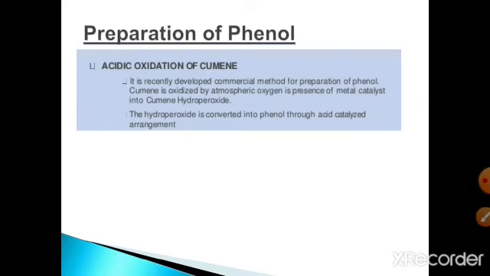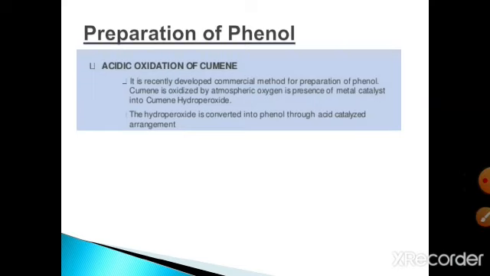Next method for the preparation of phenol is acidic oxidation of cumene. Cumene is the special name of the compound in which an isopropyl group is attached on the benzene ring. This compound is known as cumene, and oxidation takes place in the presence of atmospheric oxygen.